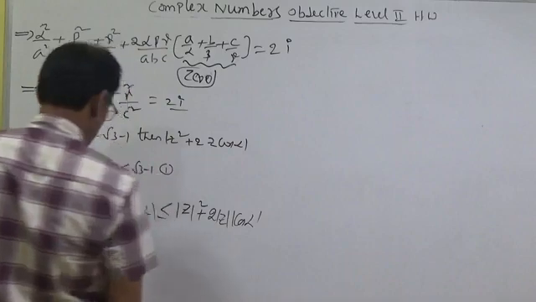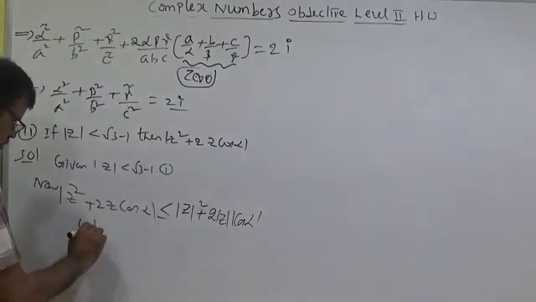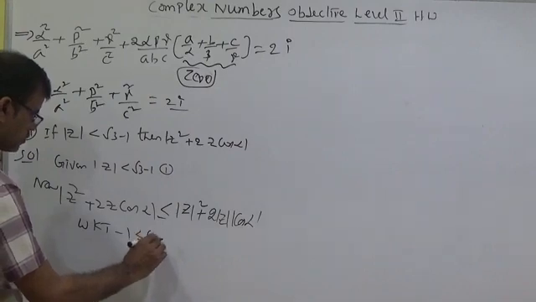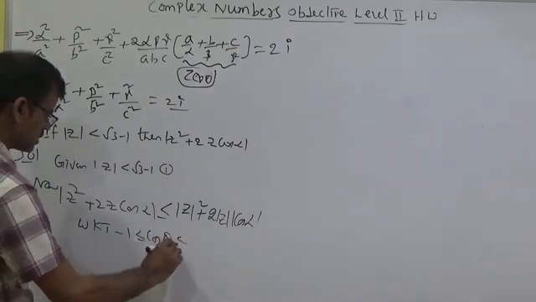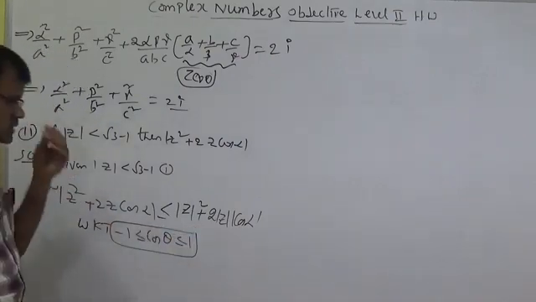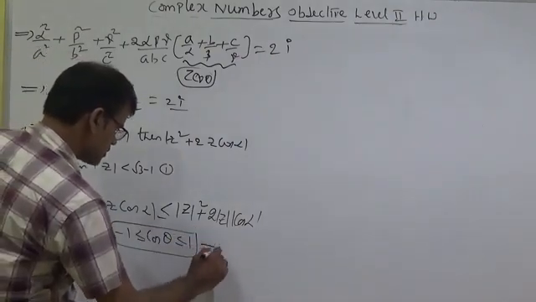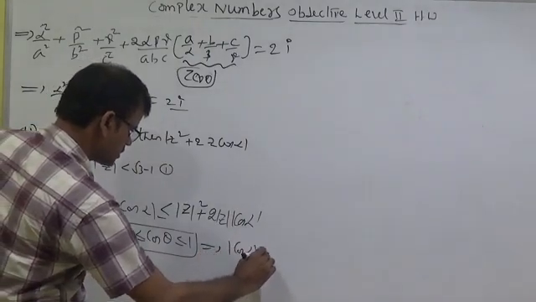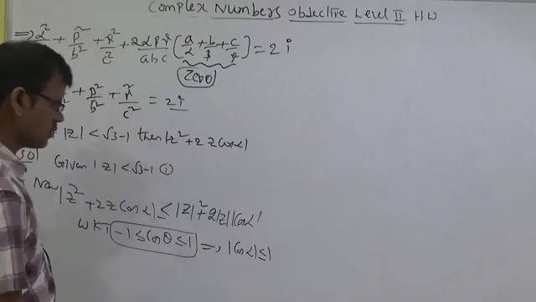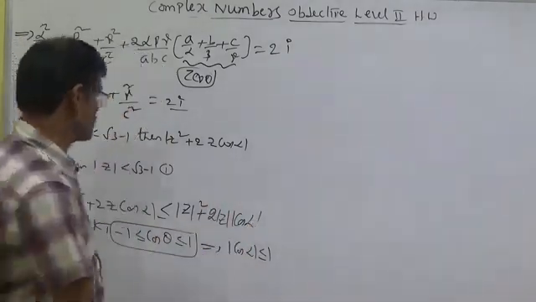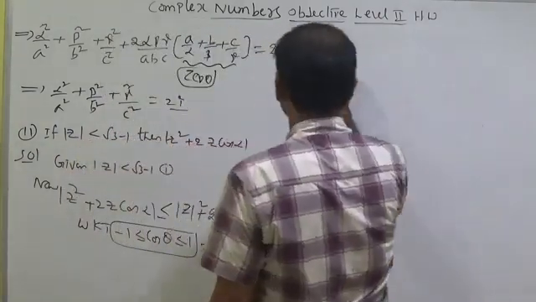We know the range of cos theta: minus 1 less than or equal to cos theta less than or equal to 1. So modulus cos alpha is always less than or equal to 1. So maximum value is 1, simply it becomes 1. You write in the next step, that is directly 1.